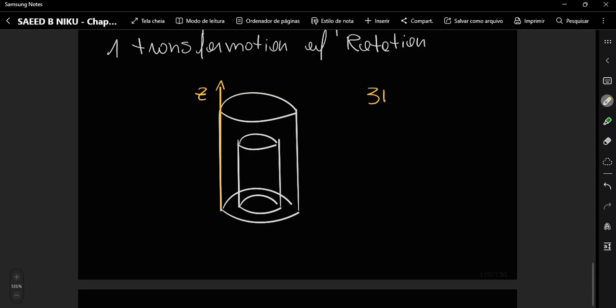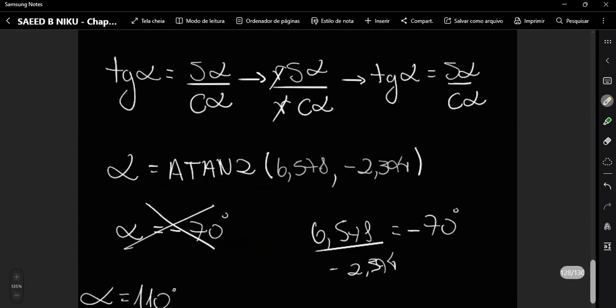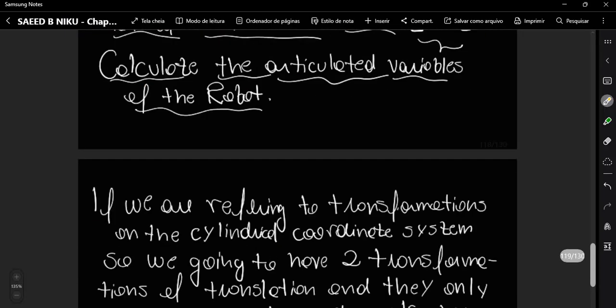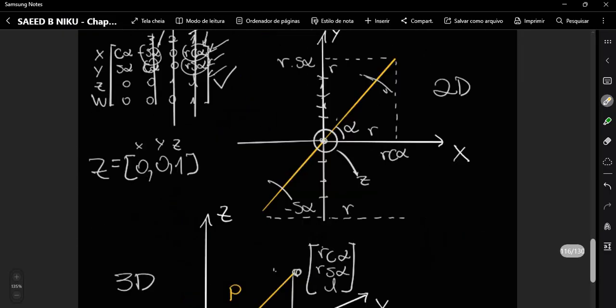So when we do a transformation of rotation on this coordinate system, right here is the x-axis, and as we did in the past videos, we are referring to this.